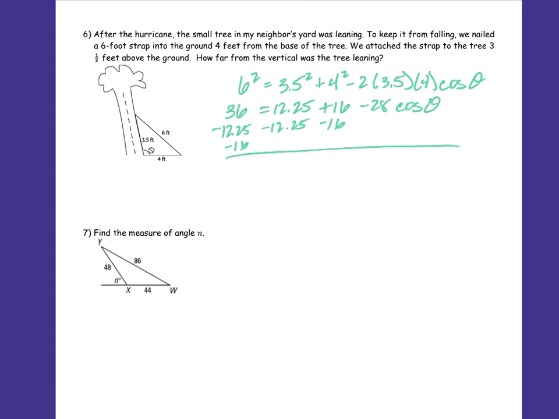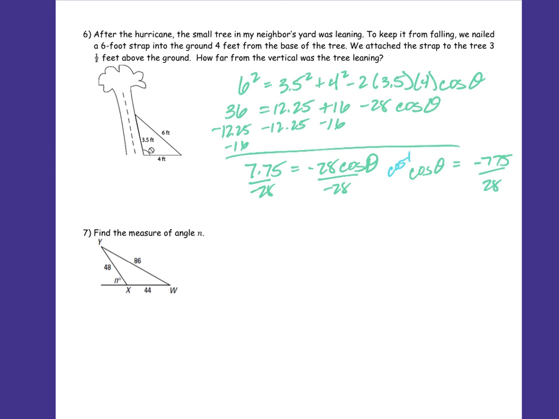And I get 7.75 equals negative 28 cosine of theta. Divide by negative 28, and I get cosine of theta equals negative 7.75 divided by 28.